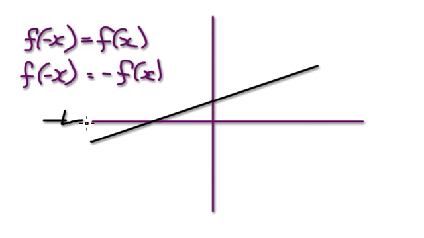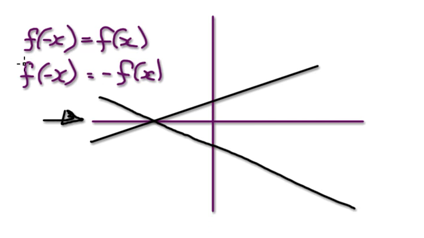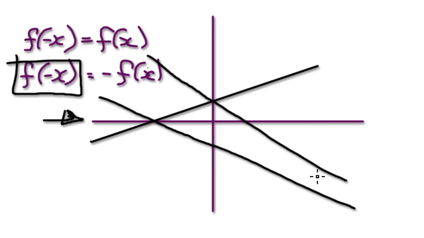It's basically a reflection along this line here. So the other one would give you this line here. You can see that this line is different from this line. They're not equal. They're not the same.